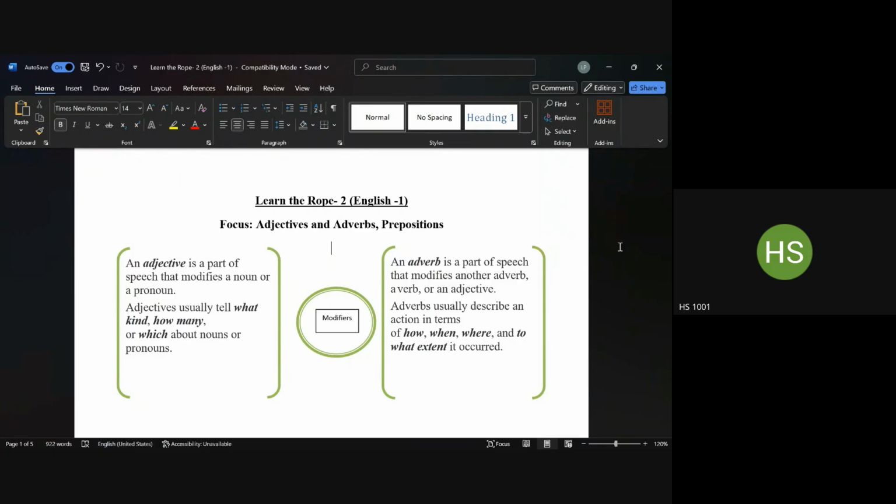What do they tell you? How do they qualify? What kind of descriptions can adjectives provide to nouns and pronouns? They can tell you what kind of nouns or pronouns we're talking about, how many of them, or which kind or type of nouns or pronouns we are referring to.